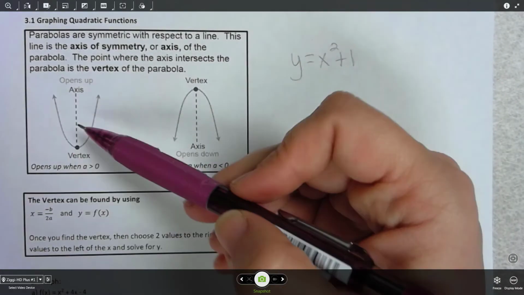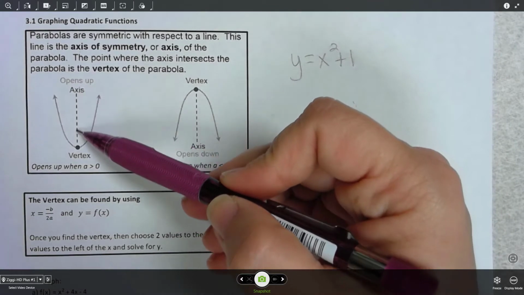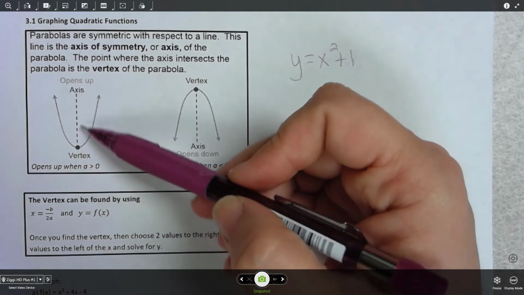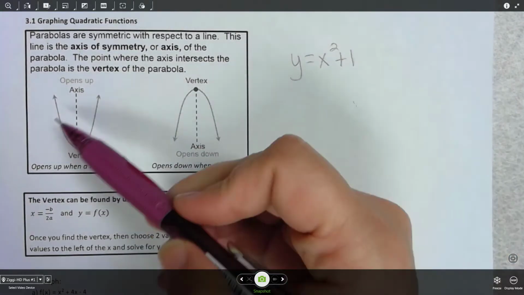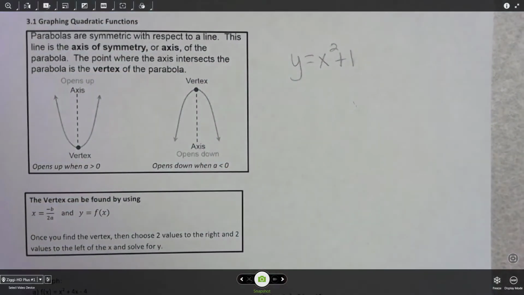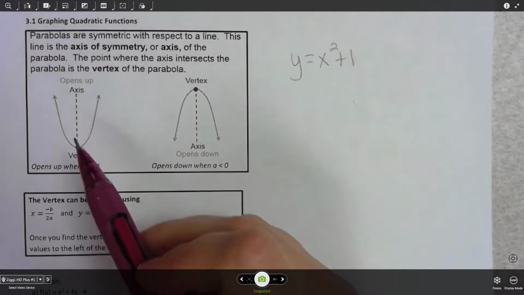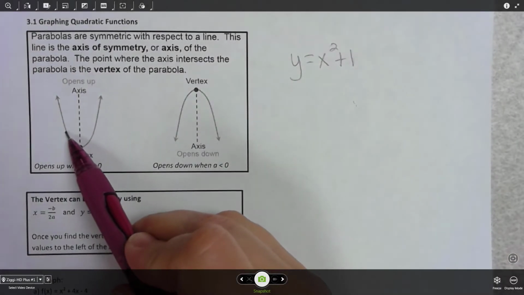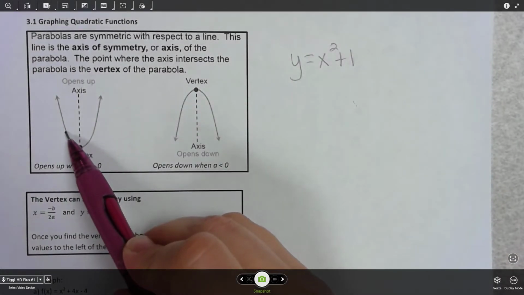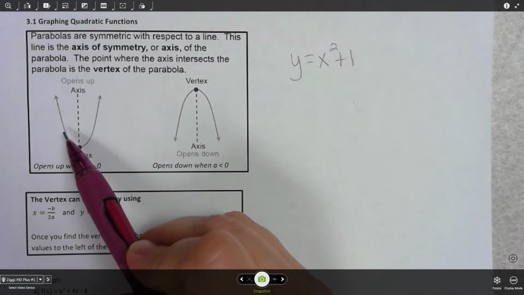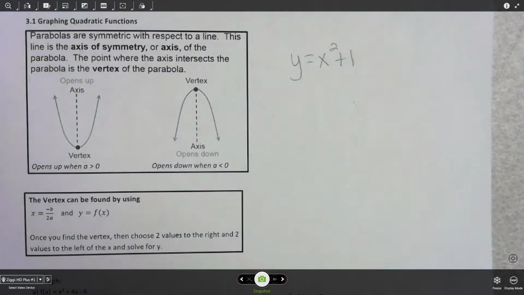And if you took and folded your parabola down this imaginary axis of symmetry, then each side would match up. And so that makes the parabola symmetric, meaning for a point that's a distance on the left from the axis, there's a point that's the same distance on the right of the vertex.